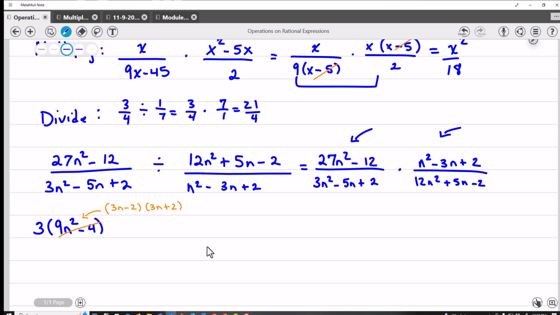And now the denominator, I'm looking right here, I need to factor that into two binomials. Well, the only way I can get a 3n squared is 3n and n. And I see a positive 2 and a negative 5.